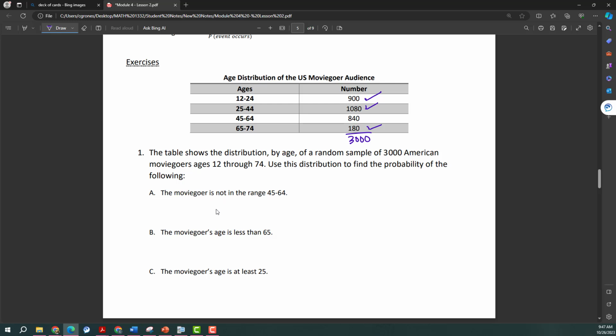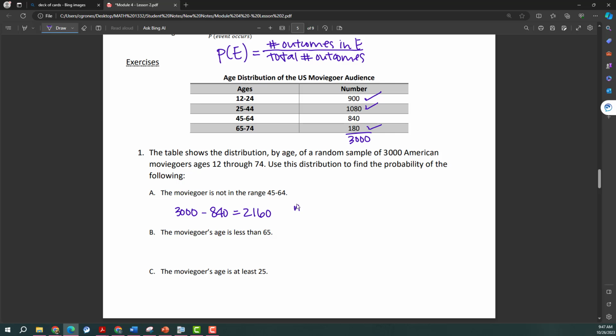So remember our probability formula. The probability of an event equals the number of outcomes in that event divided by our total number of outcomes. So in this case, our total number of outcomes is going to be 3,000 in each of these problems. So the easy way to do this one, we could subtract 3,000 minus 840 and we get 2160.